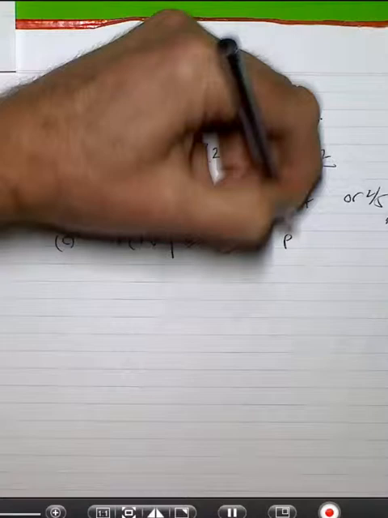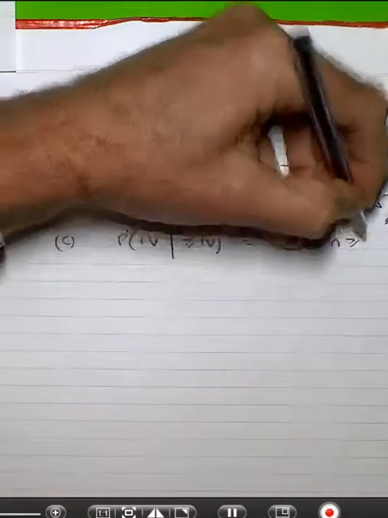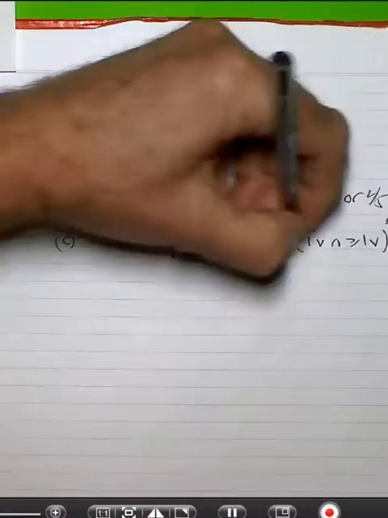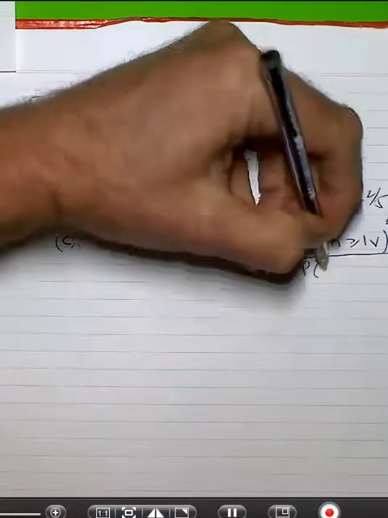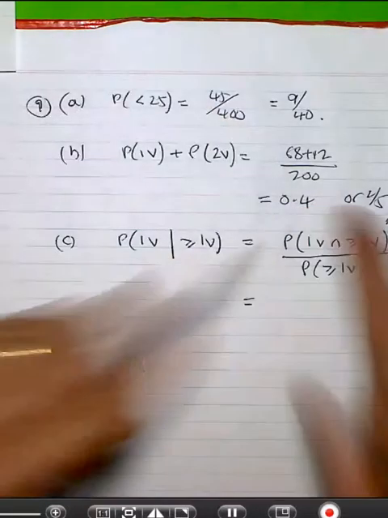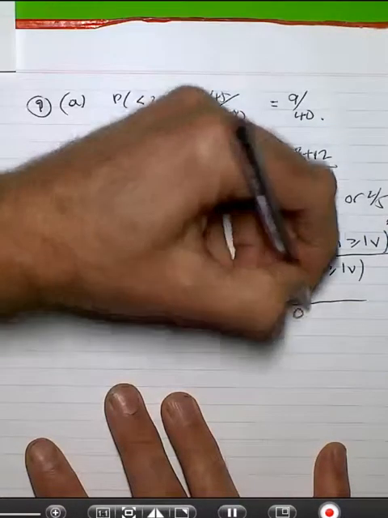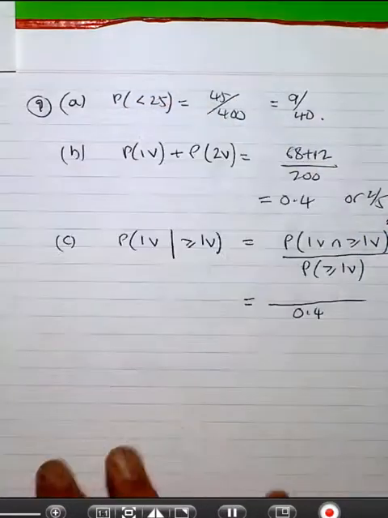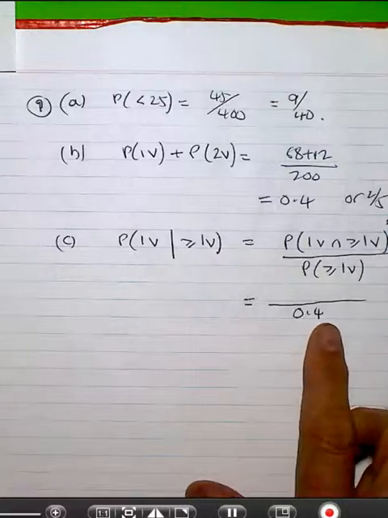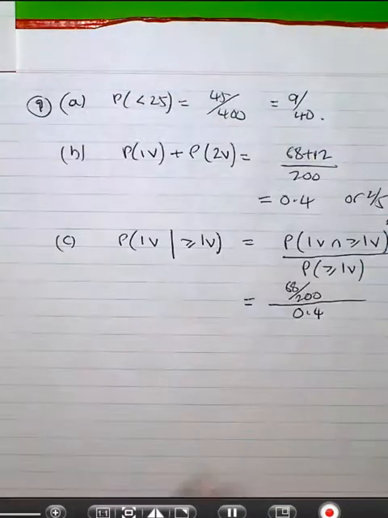Now that's probability of one violation intersecting with the greater than or equal to one violation divided by the probability of greater than or equal to one violation. Now I've already found that from part B, 0.4, and when you have a bit of a look up, you'll see that there's a 68 over 200 for the one violation intersecting with the greater than one.